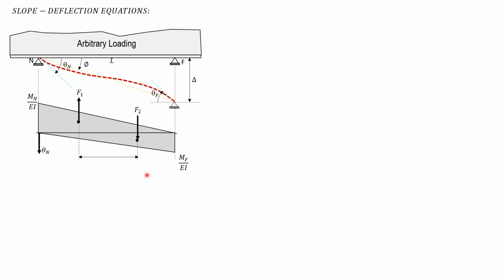So that's theta N. The rotation here is also clockwise. Because that's clockwise, the positive theta at the right section is downward, but because that's clockwise, theta F should be upward. And the distance is L over 3.